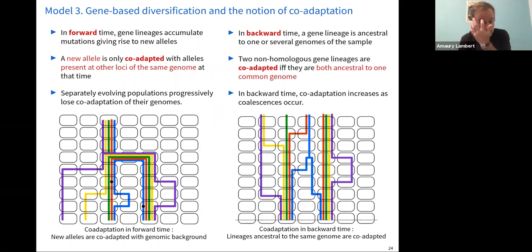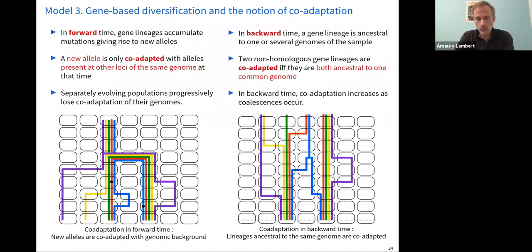So for example, on the picture here, the new blue allele occurring on the right is co-adapted with all the rest of its genome, but it's not co-adapted with the red allele on the left, okay? Because the red allele on the left has occurred in another genomic background before the blue allele has arisen.